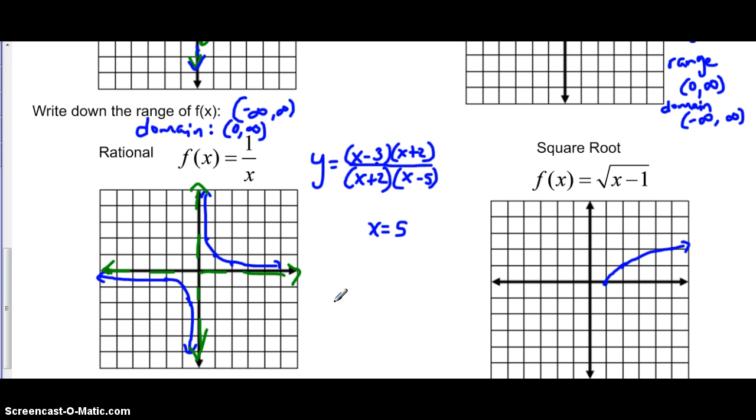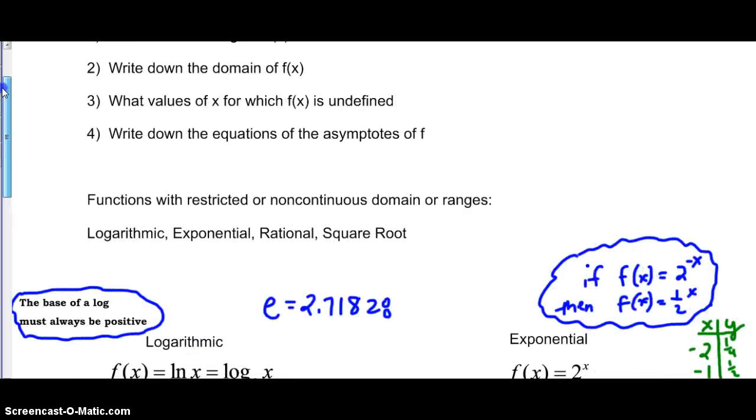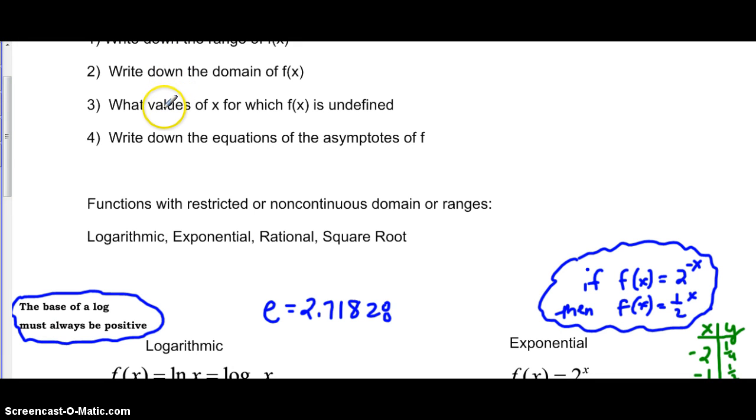The last function I want you to think about is the square root function. A lot of times this function comes up in the question, and you can just graph it again using your table input values for your x to get your y values. The question that typically comes up with our square root is to write down the values of x for which f of x is undefined.